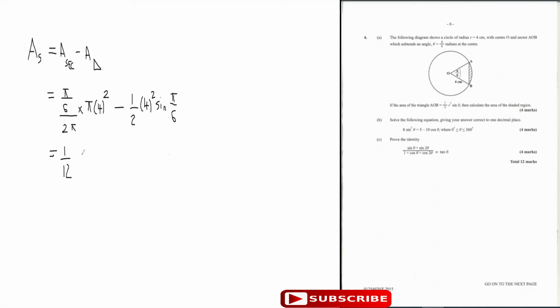This part works out to be 1 over 12 times 4 squared, which is 16. This works out to be 16 over 12 pi, minus a half times 4 squared, which is 8, times the sine of 30. Pi by 6 is 30, so it's multiplied by the sine of 30. That's 4. So this works out to be 16 over 12 pi minus 4.